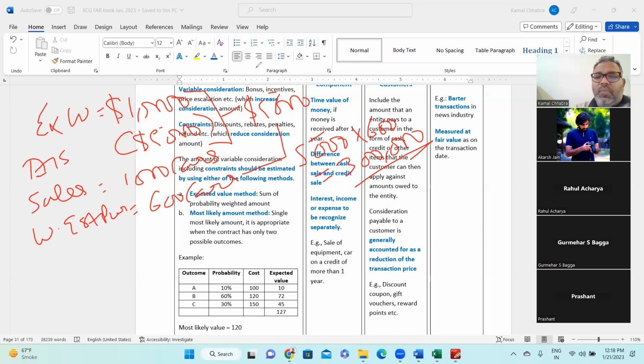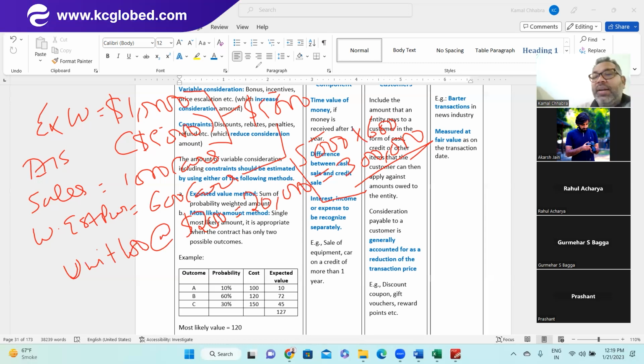Let's assume you have sold 100 units at the rate of $200 per unit. That means $20,000 worth of material you have sold to a customer in Sri Lanka.